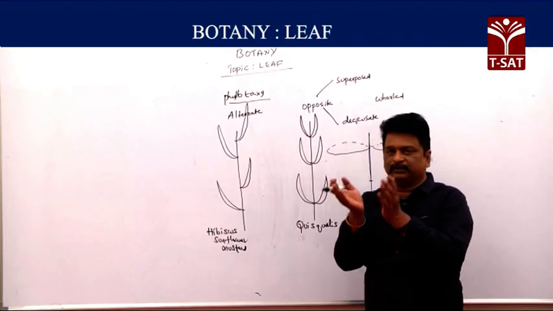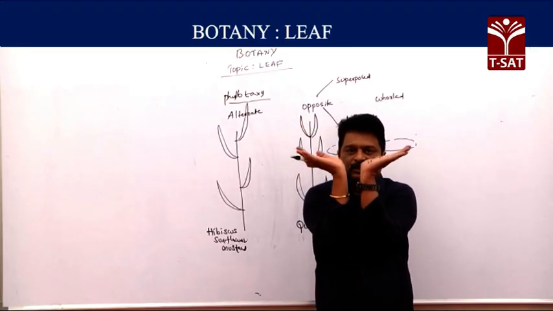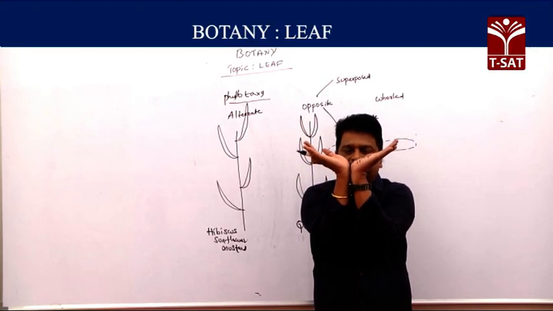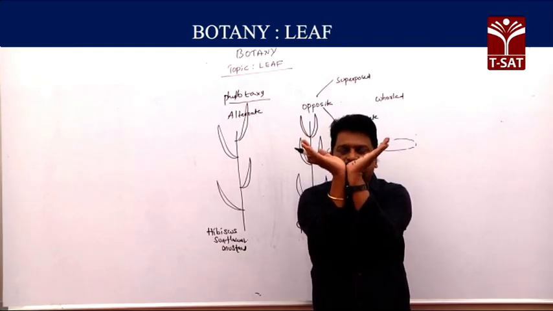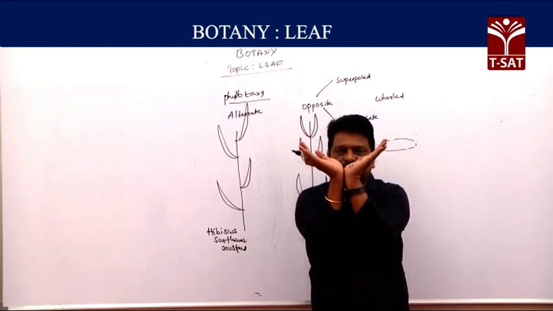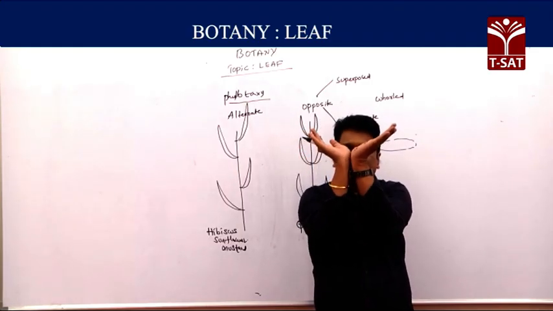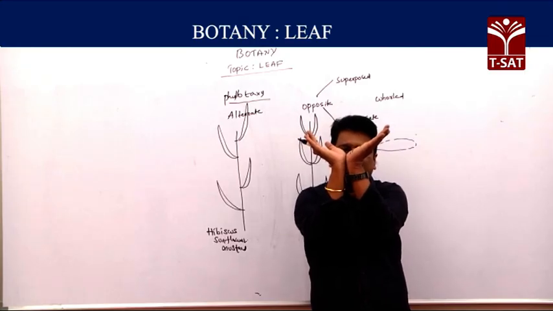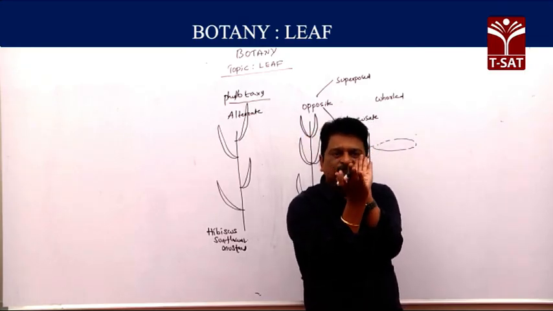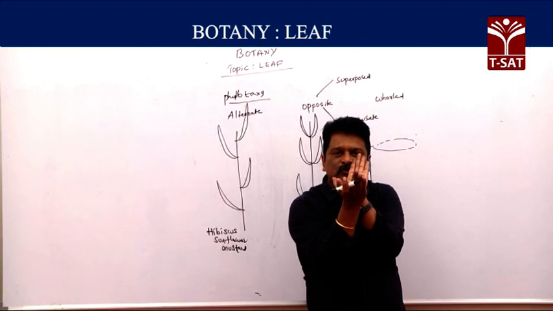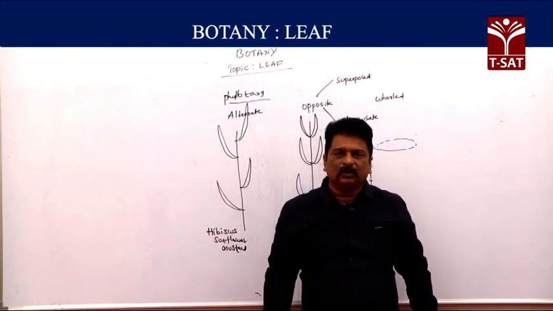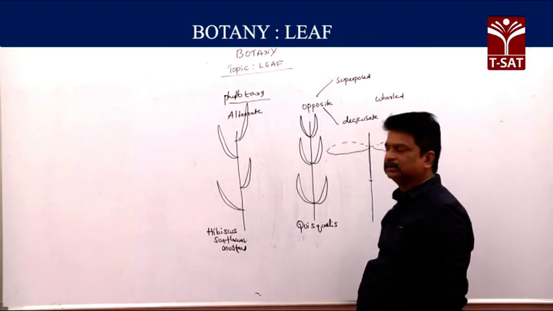Instead of showing a diagram, here I will show with my hands. If one pair of leaves is present at a node like this, at the next node the leaves are like this. It means leaves present at one node are at right angles to leaves present at the next node. That is called opposite decussate.